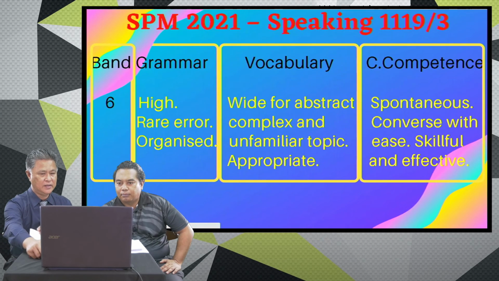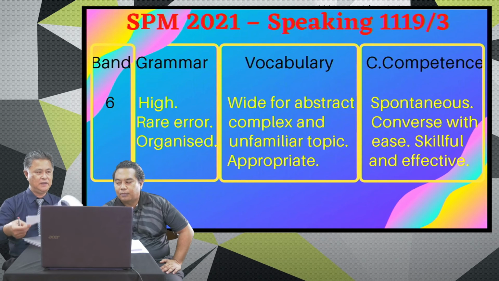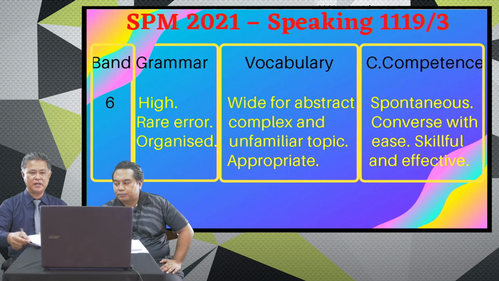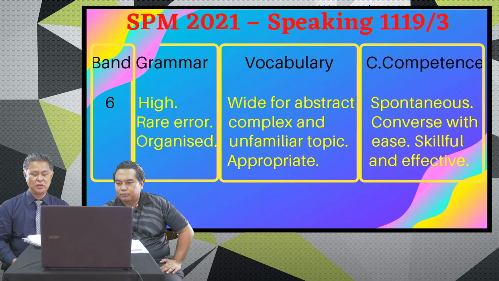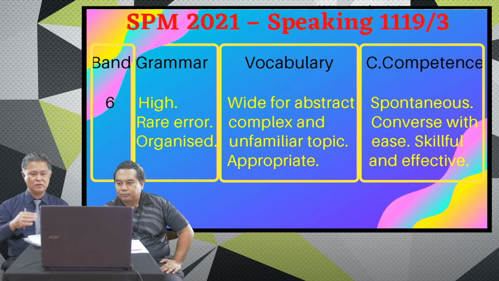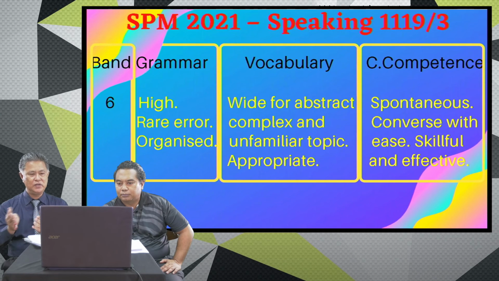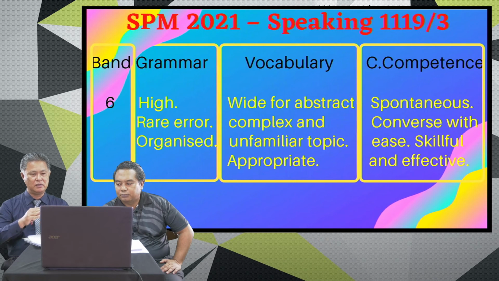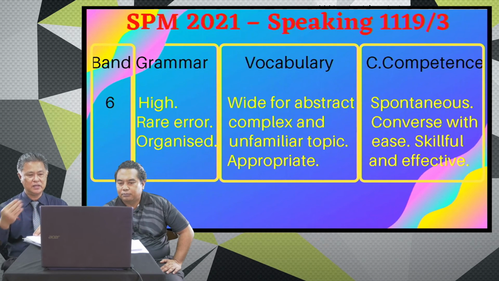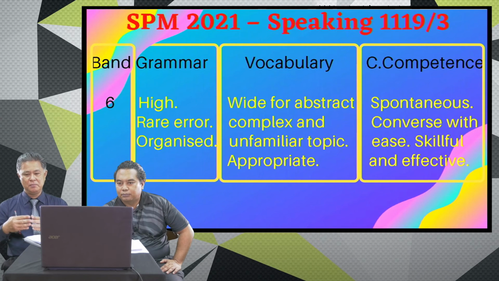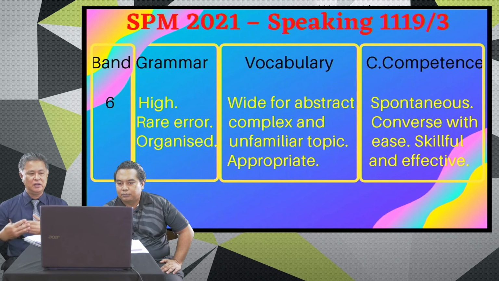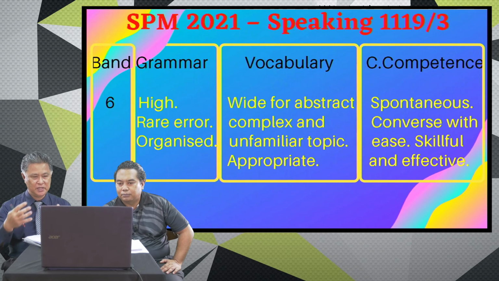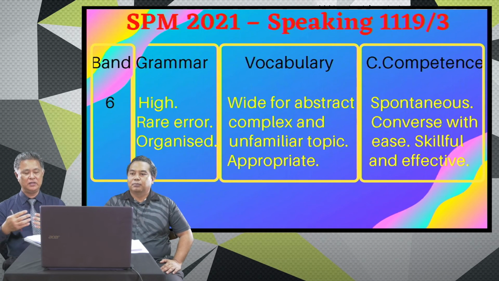We have done with the marks awarded by the interlocutor, the subject teacher, who is looking at the overall performance of the students. Now we look at the marks that we think, based on the PTT 2019 students, for the assessor.